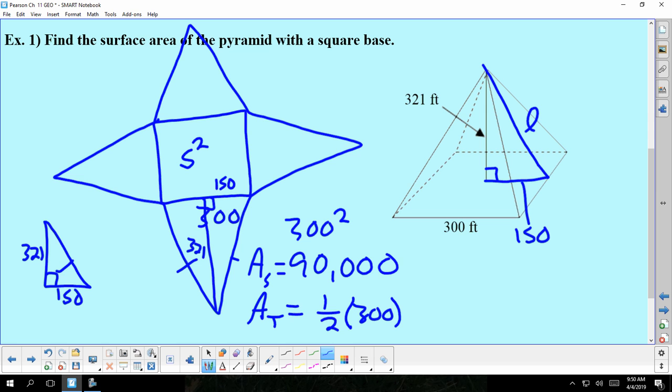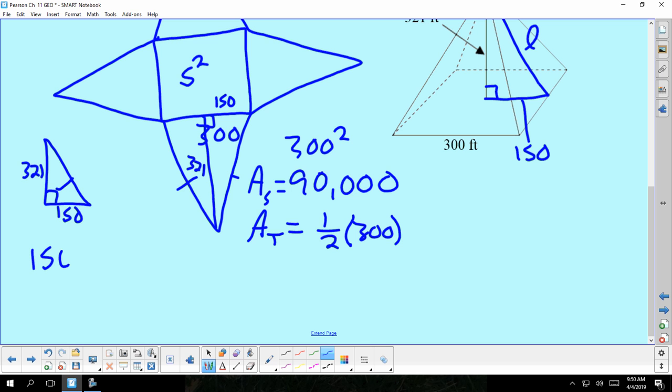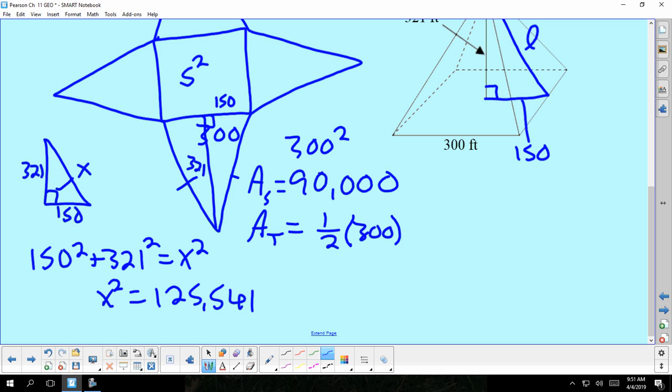So, Pythagorean theorem states we have 150 squared plus 321 squared equals x squared. Okay, x squared equals 125,541. I take the square root of that. x equals 354.3. In this case, we're talking about feet. All right. So that is the height of these triangles.